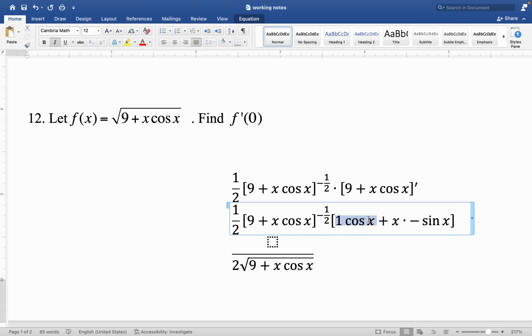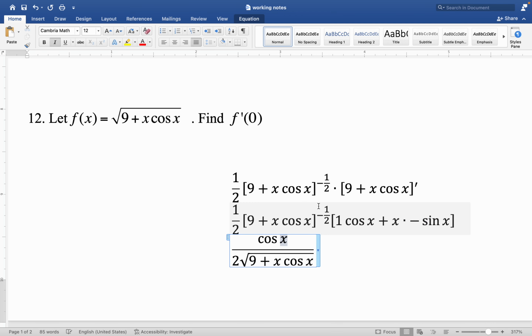And then all of this stuff is left in the numerator. So 1 cosine x, that's really just cosine x. And then this term here, x times negative sine, that's really just going to be a negative x sine x. So I think that's the answer there.